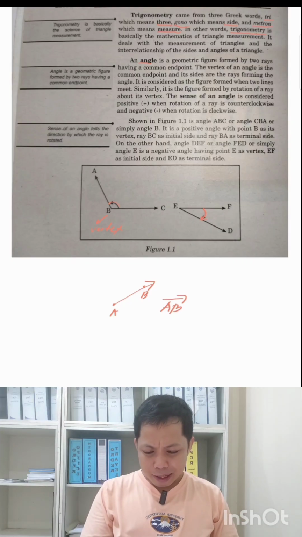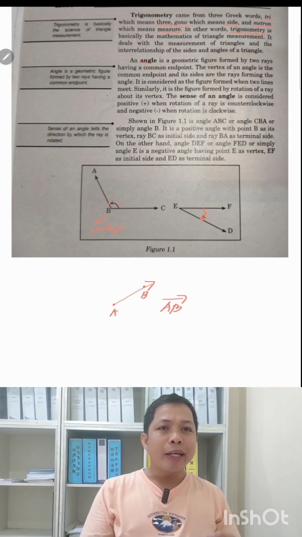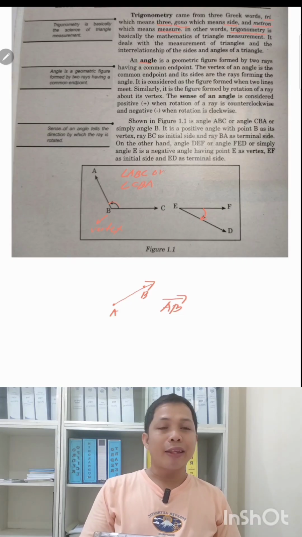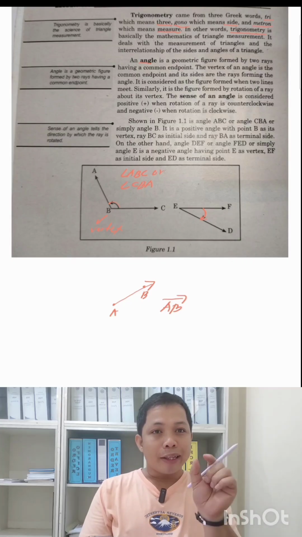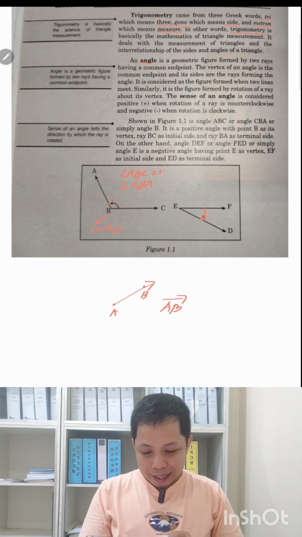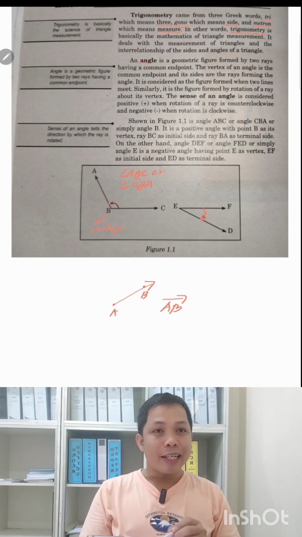Now, how about in naming an angle? We can name this angle as angle ABC or angle CBA. Notice that the vertex is located at the middle of the name of the angle. So angle ABC or angle CBA.